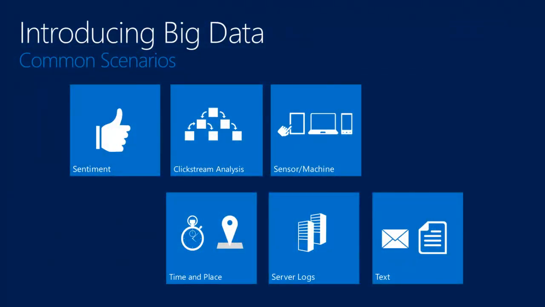We'll talk about this in more detail in a minute. Clickstream analysis, what is going on with our web applications? What is being clicked on? What are the trends from this? Sensors, time and place information, server logs pumping out volumes and volumes of information, and text data, whether it's emails, Twitter, blog entries.